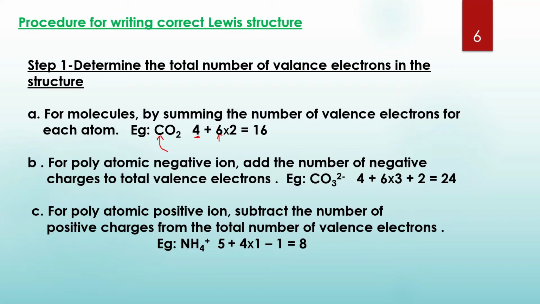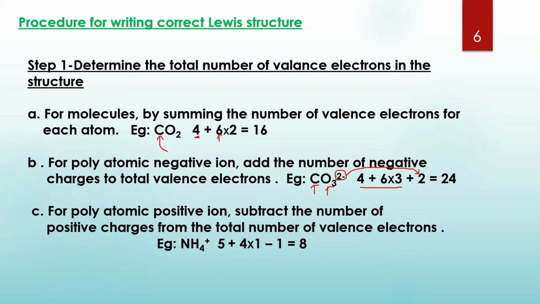For a polyatomic negative ion, add the number of negative charges to the total valence electrons. The same way, you get the count for carbon and for oxygen. Then to represent the minus 2, you add 2 more electrons and you get 24 as the answer.